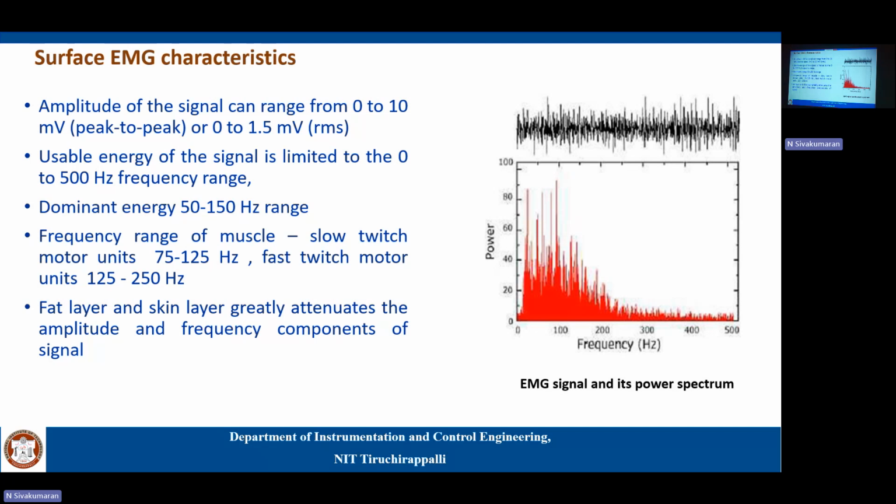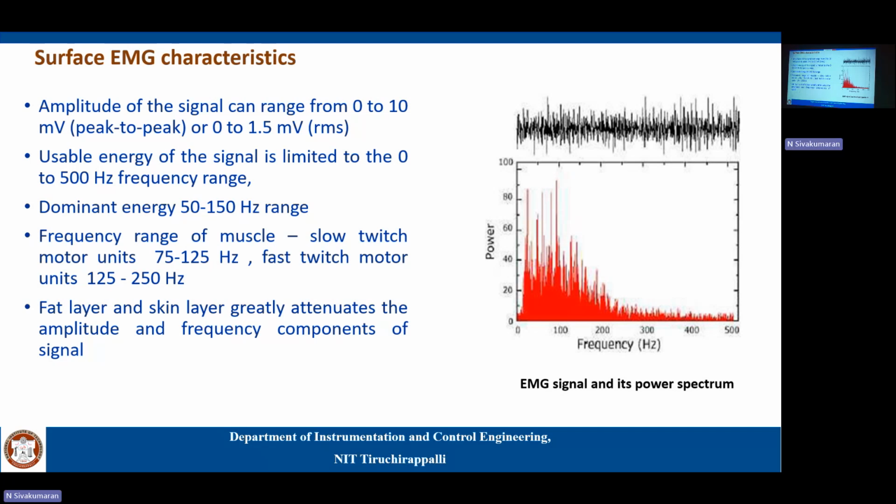Our lower limb muscles, our thigh muscles, are slow twitch muscle fibers. They are responsible for generating low force, which lasts for a longer time, so we can stand for a long time.